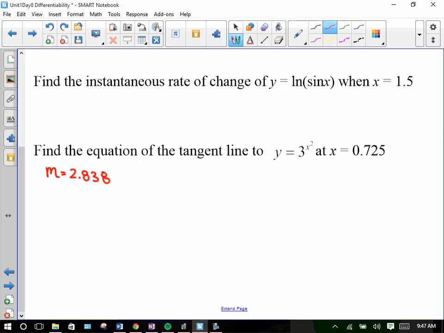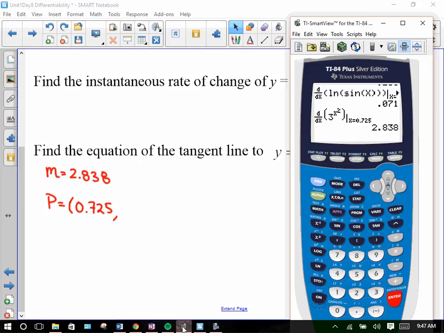We also need to have a point. So a point P is equal to the x value of 0.725, comma, we have to figure out the y value. So we go back here, we have 3 to the 0.725 squared power. So it's going to be 1.782.